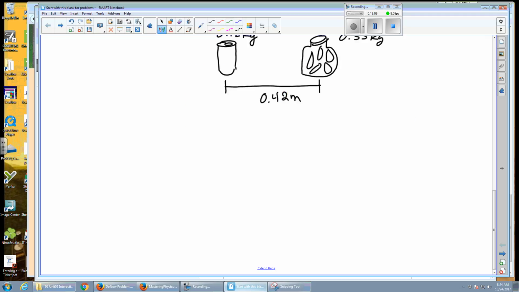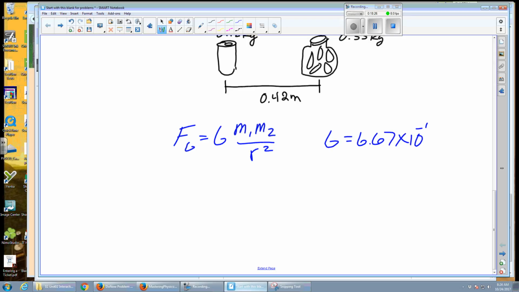So, let's see, for my equation sheet, I'd look up and I'd find, oh, I've got an equation for universal gravitation. And I have my universal gravitational constant, which nicely I have saved in my calculator so I don't have to type it in every time.